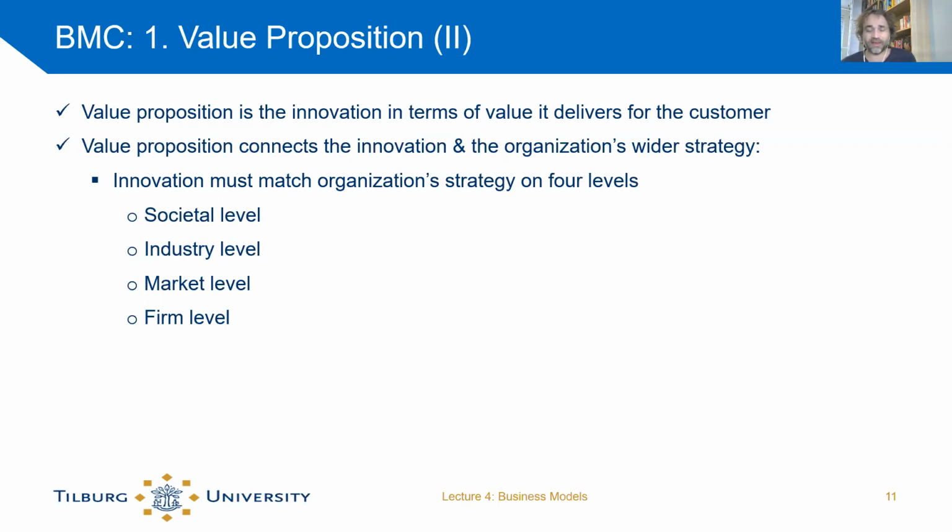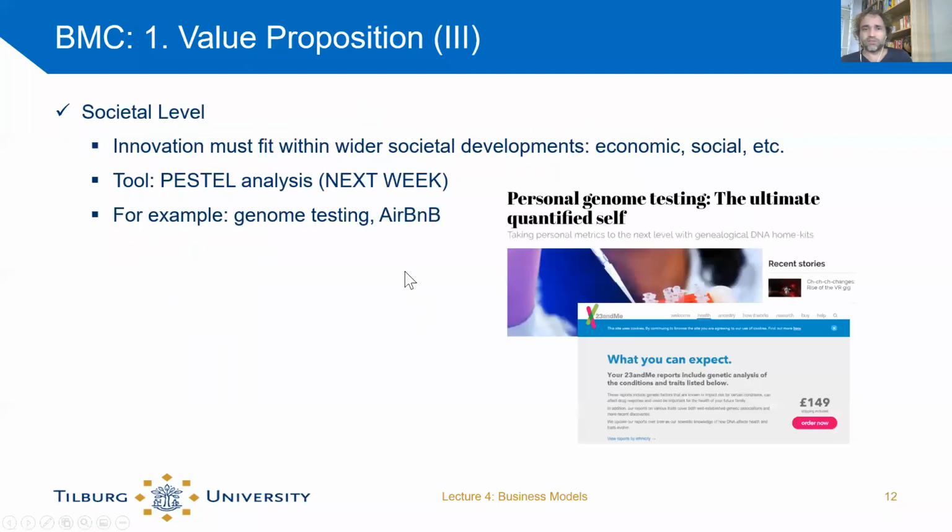So let me clarify that in the next slide. Starting with the societal level, that basically means that the innovation must fit within the wider societal developments that you see and that are relevant for your organization as a whole. For example, you can have an innovation that will determine if your baby will be a boy or a girl, or if you can choose if it will be a boy or a girl.